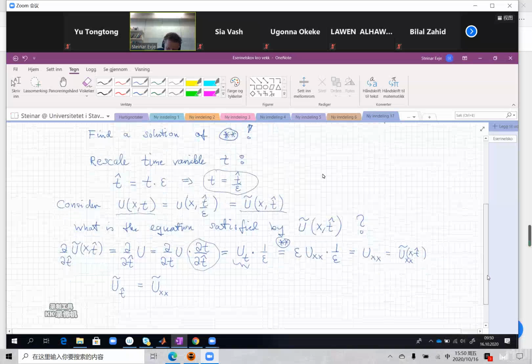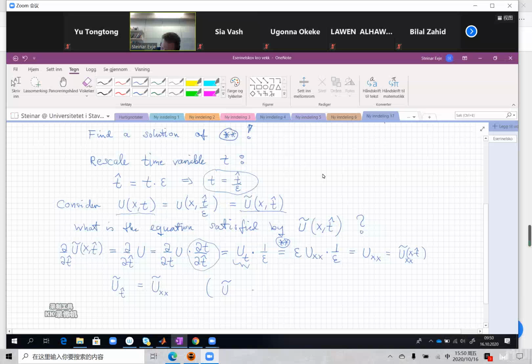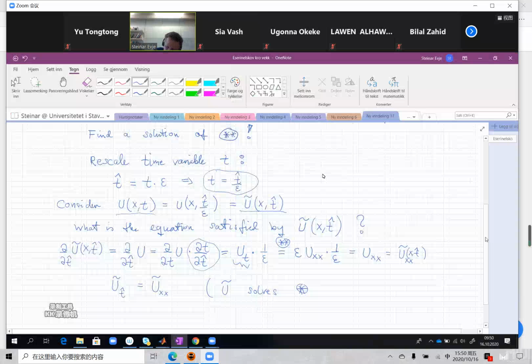But so now we see that this u tilde is a solution of the first equation we started with here, since this contains no epsilon.